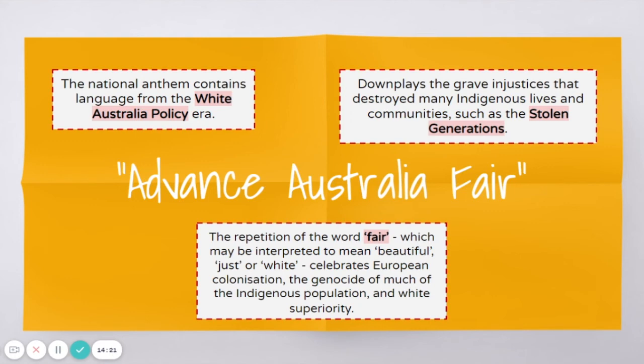Again, there are so many injustices that have ravaged the Aboriginal community, and the idea of fairness doesn't really marry up with the reality of the history. So again, these are reasons why the Australian national anthem is really problematic.